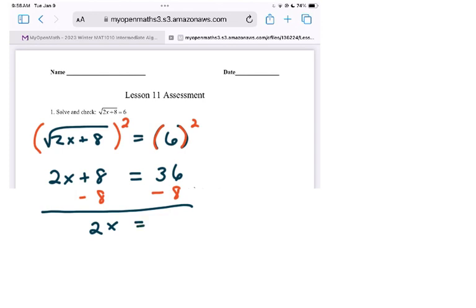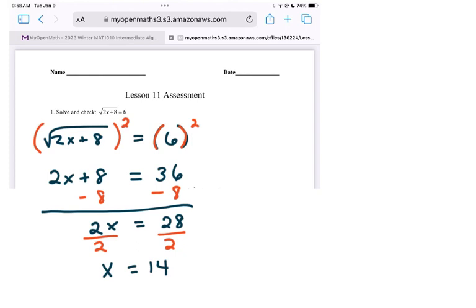The 8's cancel each other out, and we have a 28 here on the right after subtracting. And then the last step for solving will be to divide by 2 on both sides so that we get x equals 14.